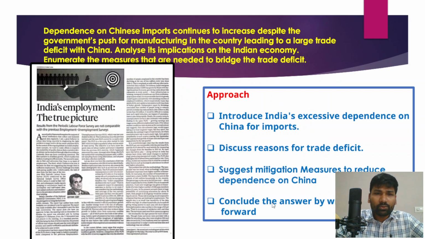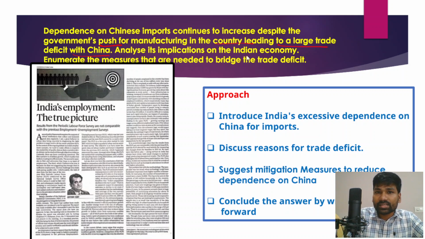Right, so today we have a very important mains practice question, and we'll try to solve this question as well. The question is about the increasing trade deficit with China. The question is: dependence on Chinese imports continues to increase despite the government's push for manufacturing in the country, and that has been leading to a large trade deficit with China.